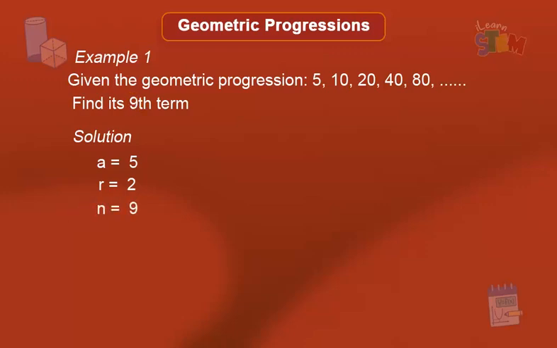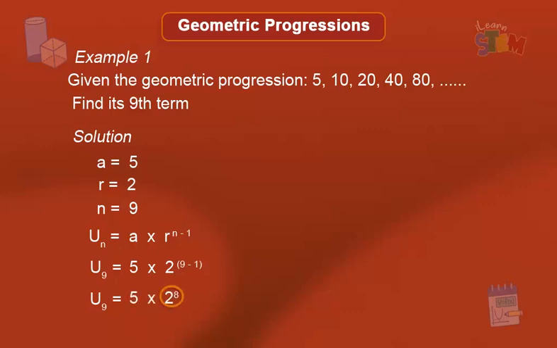Now let's substitute the values into the nth term formula. U sub 9 equals 5 times 2 raised to power 9 minus 1. Let's simplify the power first. 9 minus 1 is 8. So we have 5 times 2 raised to power 8.